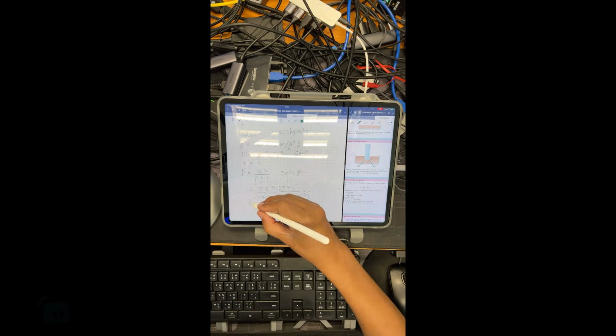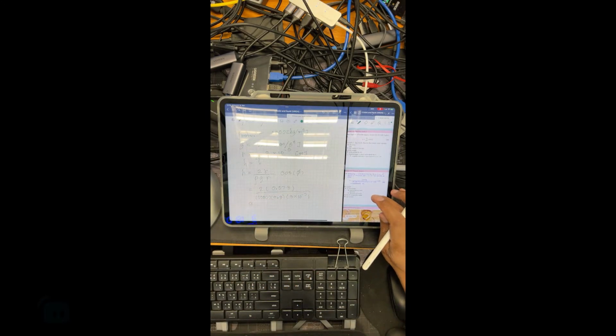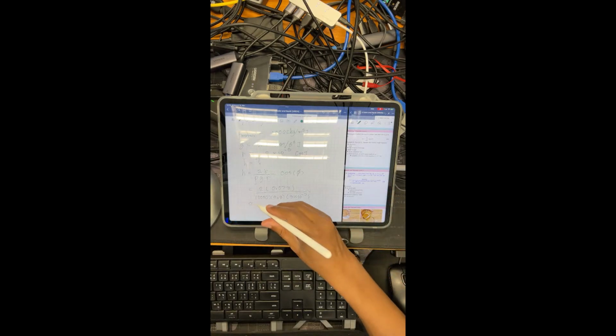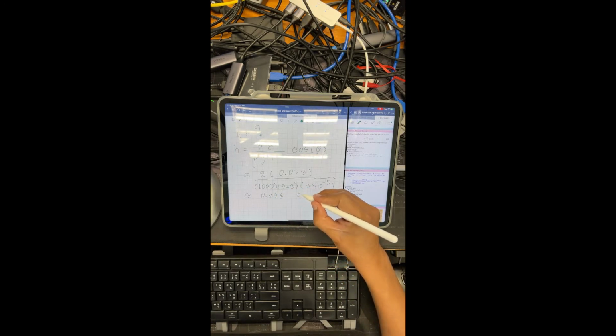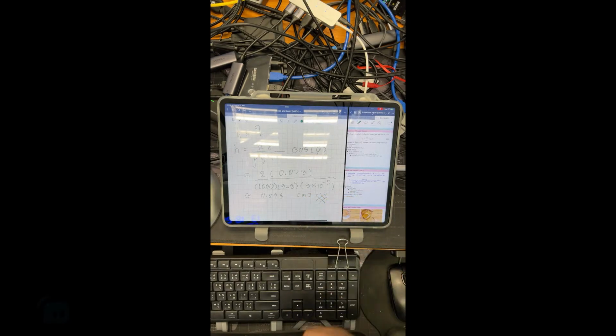If you put it into the calculator, you would get 0.298, and the unit for height is meter. And that's it for this problem. Let's interpret this quantity.